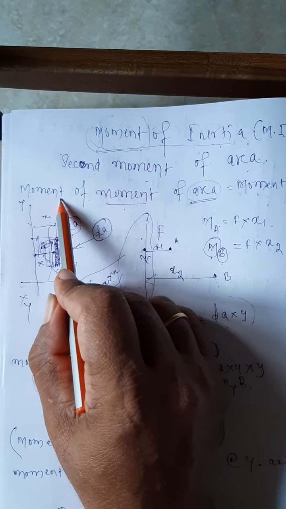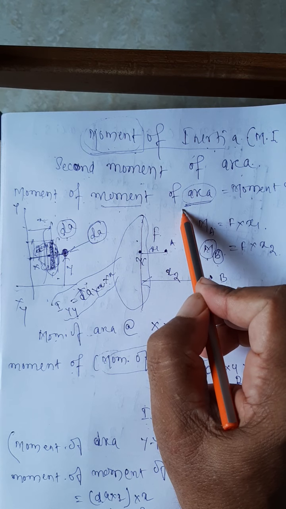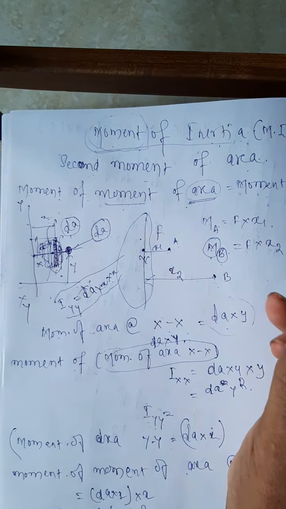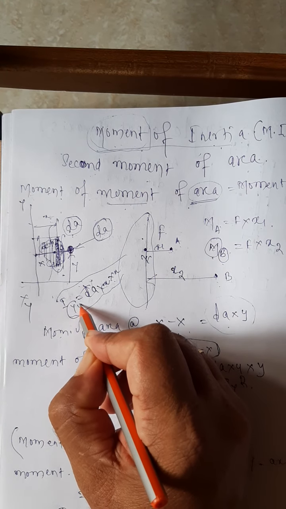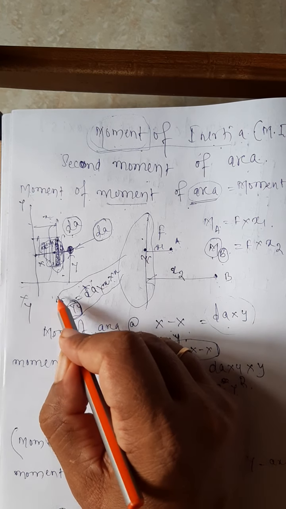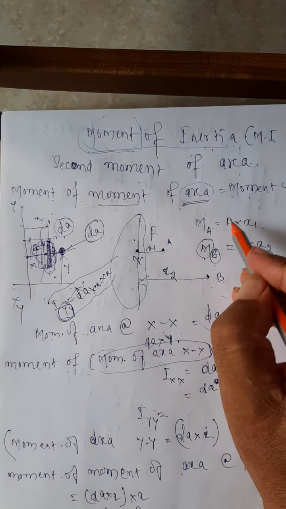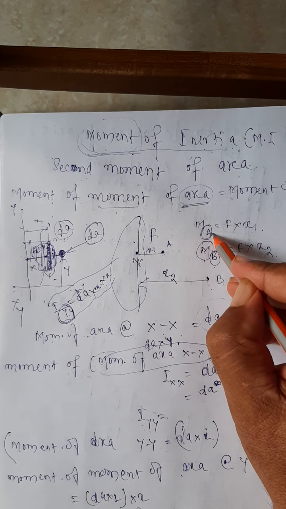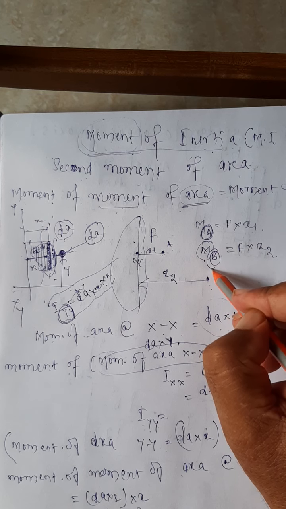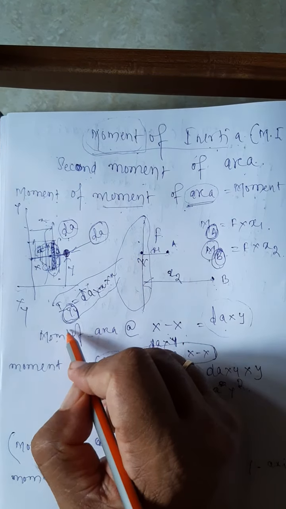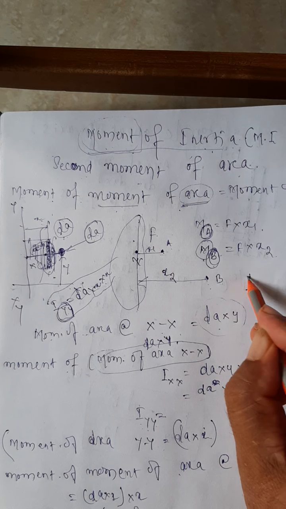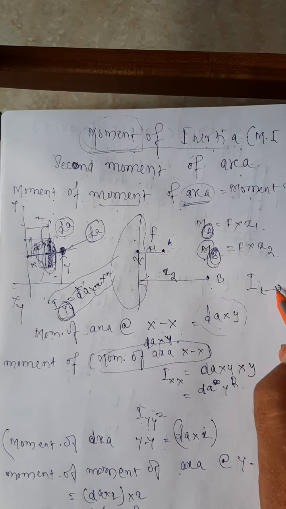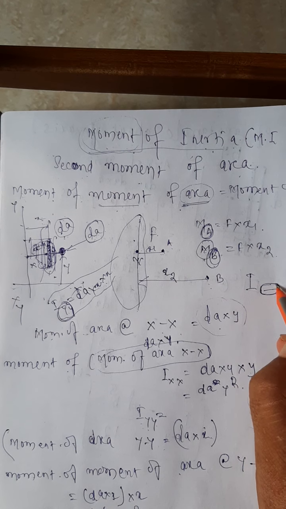Like that, for the moment of the area, the line or point is to be specified, and that is written as a subscript for that particular moment of inertia. Just like the moment of a force, when I say moment about B, I write the subscript there. Like that, for moment of inertia I write I, and from where I am taking it I write at the bottom. It means I need to measure the distance from that particular point.